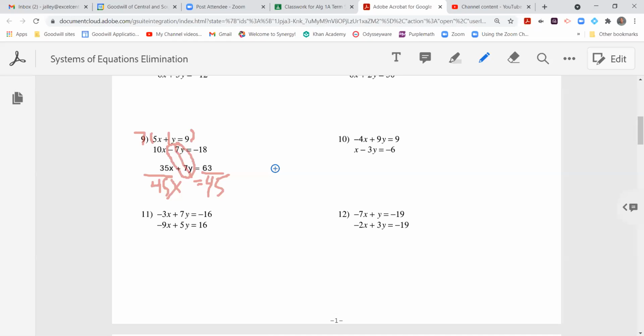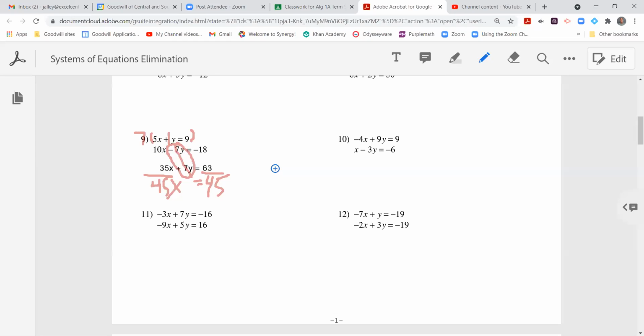Didn't have to do it that way though. Because look in the y column. Remember, same coefficient, meaning the number has to be the same, and opposite sign. If I wanted to get rid of the y's, I would have multiplied by 3.